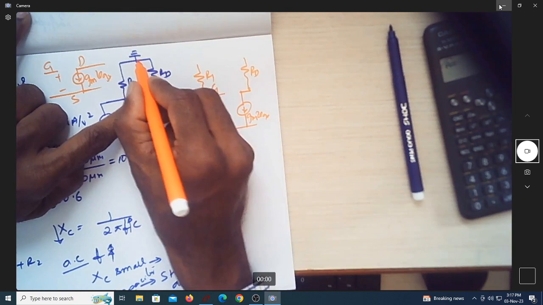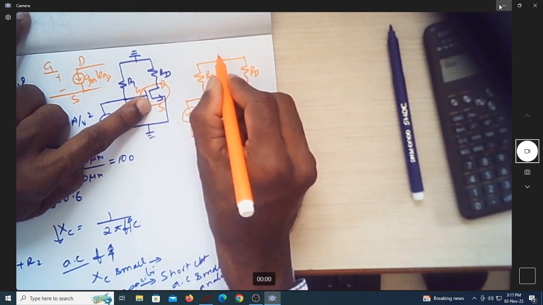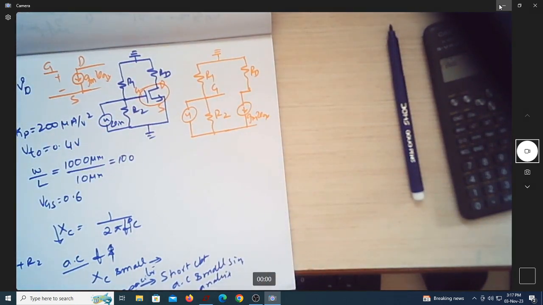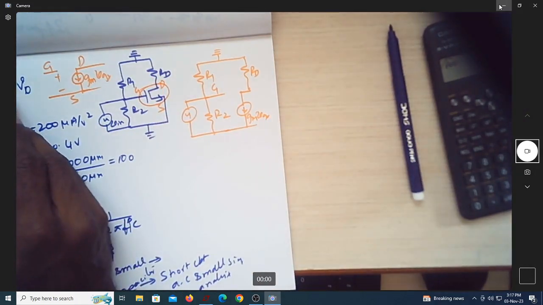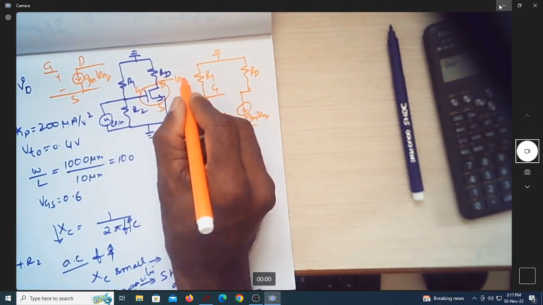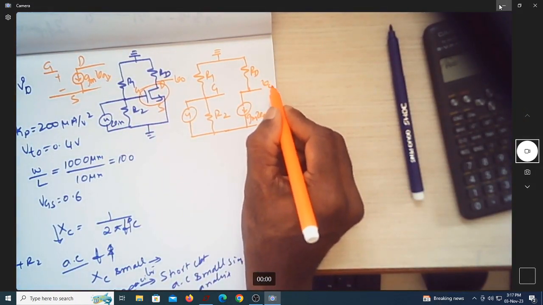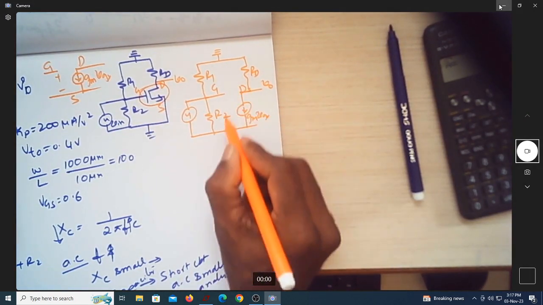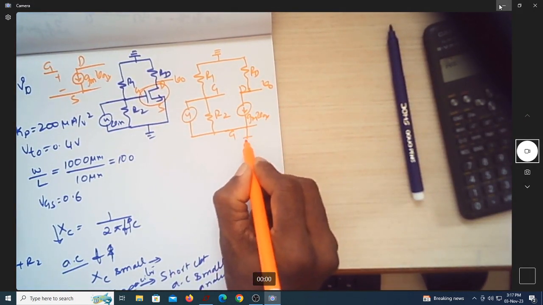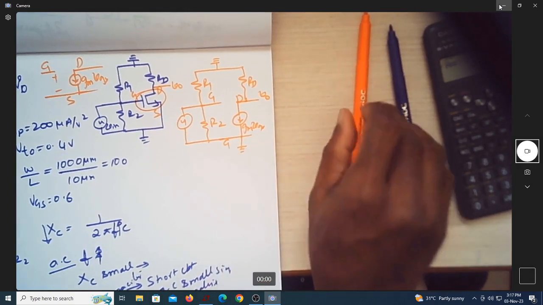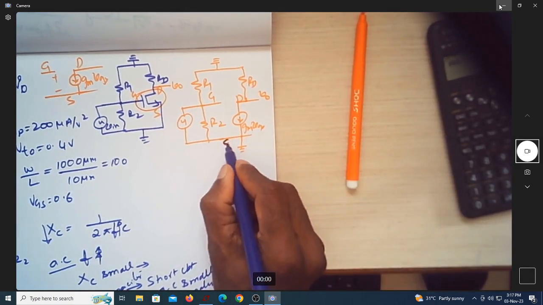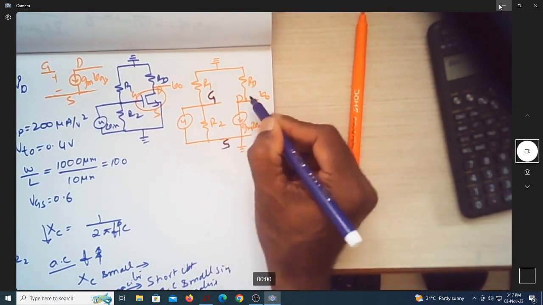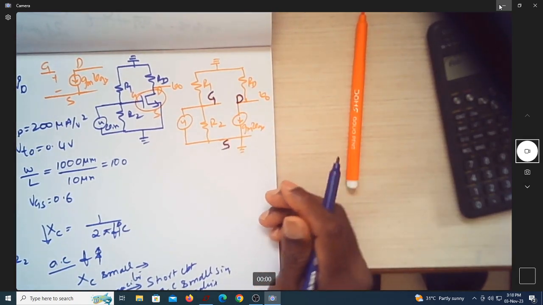This is R1. Shall I short these two and connect it to ground? Is this my V0 point? This is drain. This is source. Shall I short the source? Sorry, this is source. This is gate. This is drain.